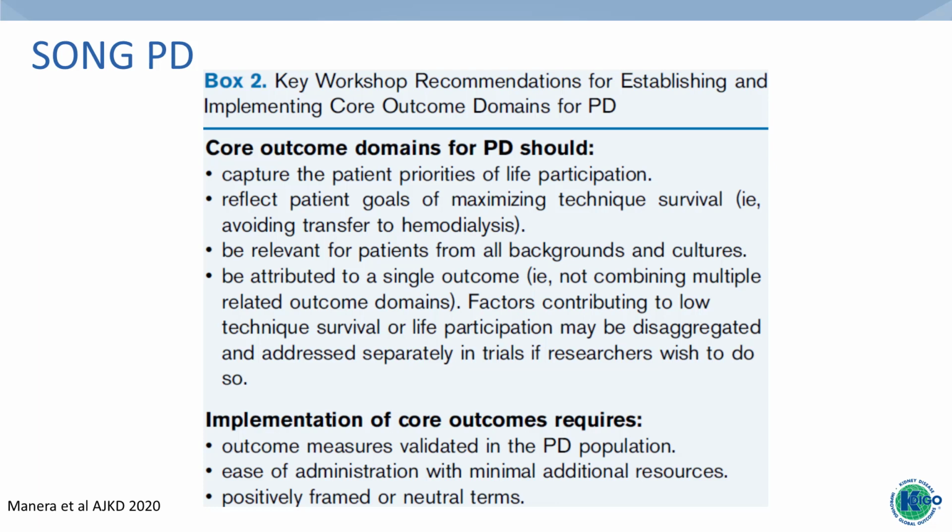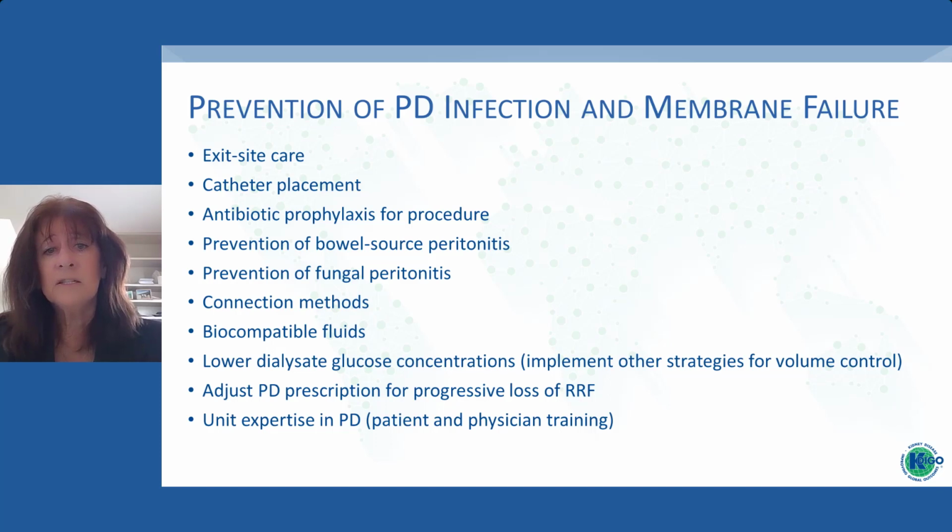But when we're looking at how to implement some of these changes, there are some areas where it is pervasive across backgrounds and cultures, and we should be looking at factors to try and improve the prolongation of PD, because people see that being on PD does improve life participation compared to being on hemodialysis. So that really means we need to be trying to prevent PD infection and prevent membrane failure. And that is an hour-long talk in itself.